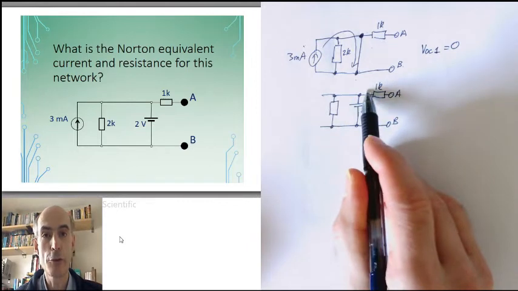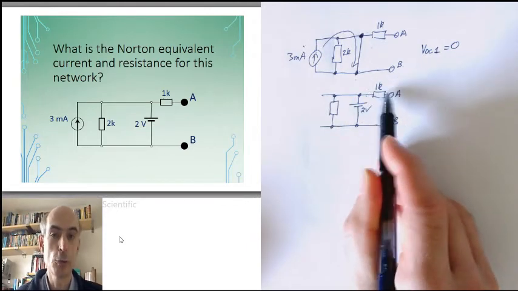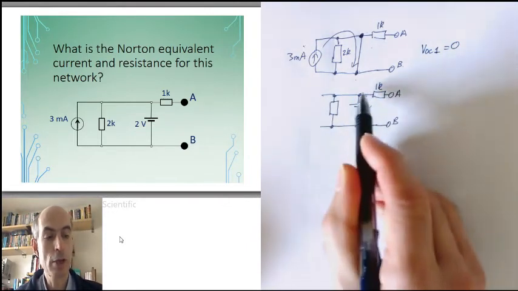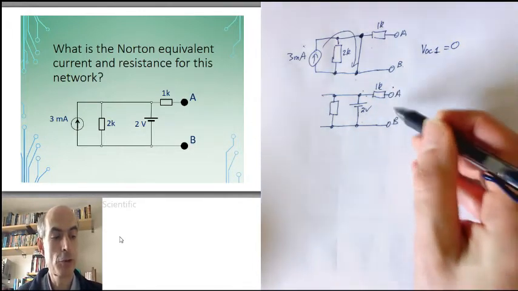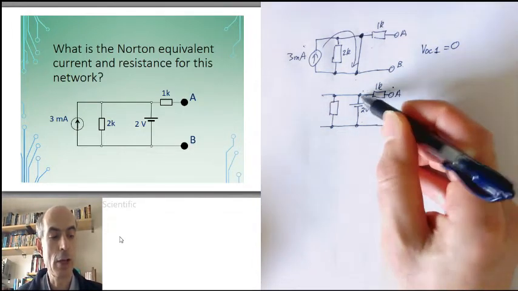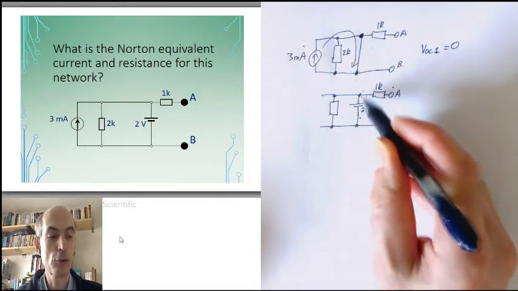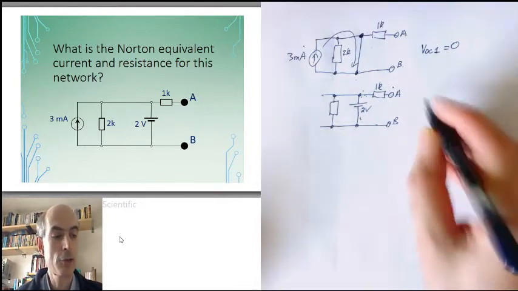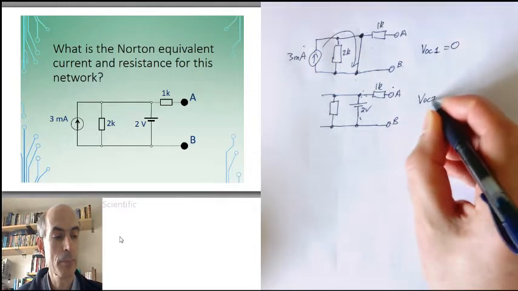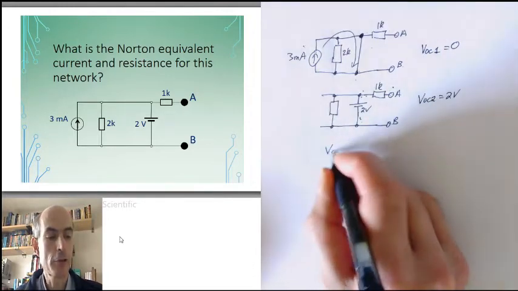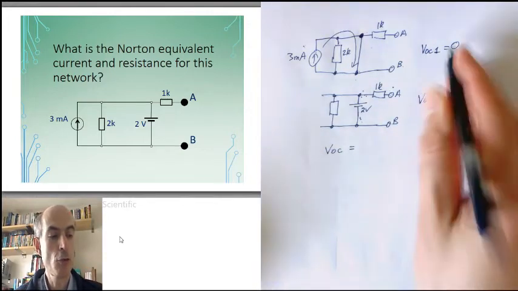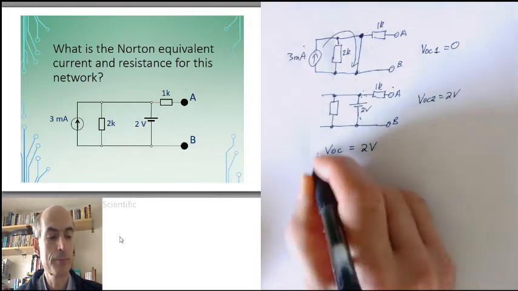If there's no current through the 1K resistor, there will be no voltage across it. So the voltage here would be the same as the voltage here. In other words, the voltage between A and B is just the same as the voltage across the voltage source, just 2 volts. So the total open circuit voltage that we have is just 2 plus 0, 2 volts.